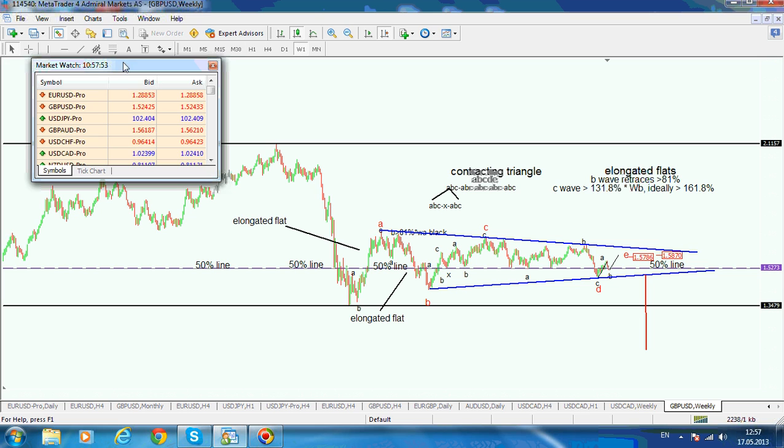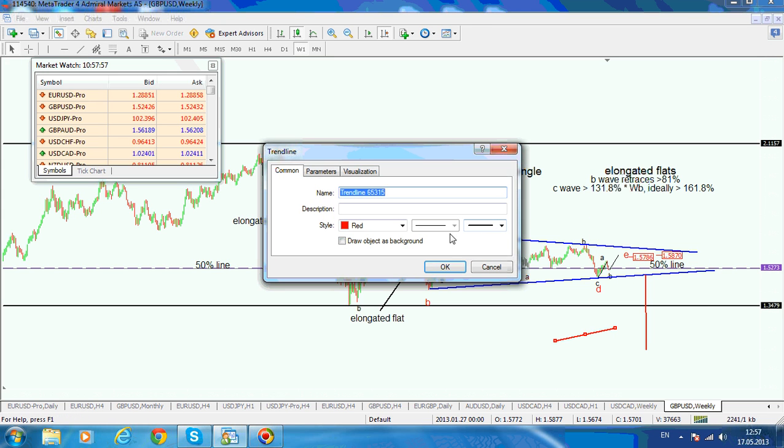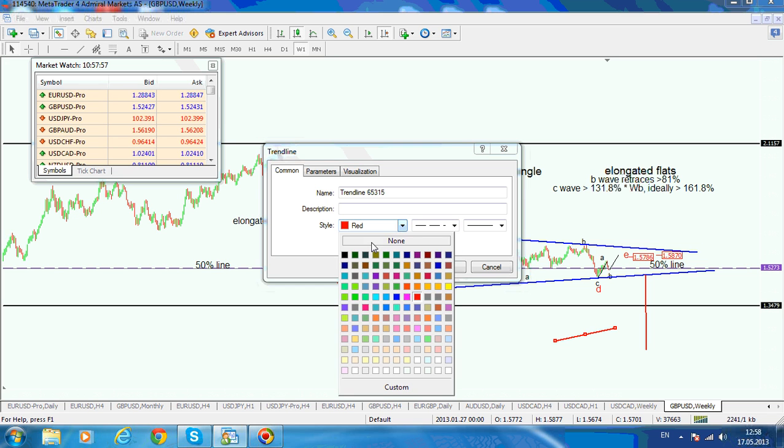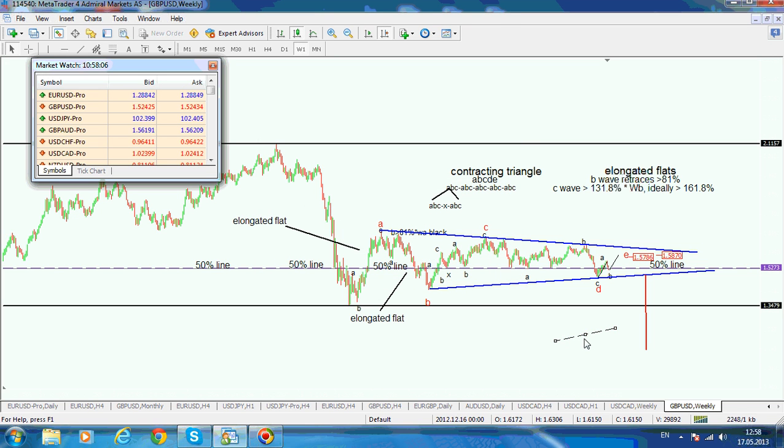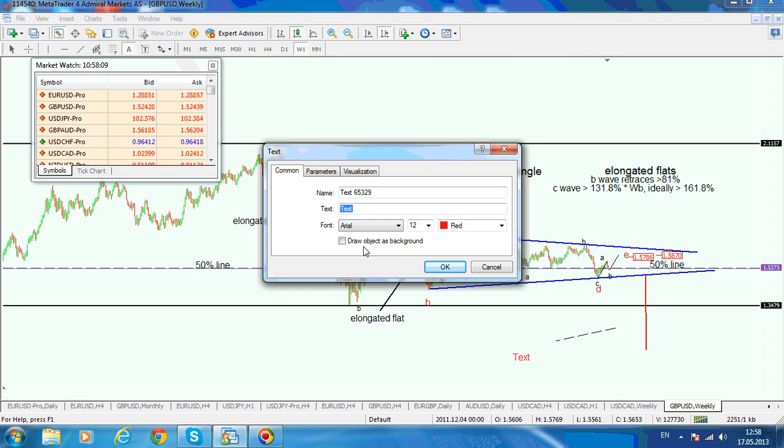So let's write down here that this is the measured move for the contracting triangle.